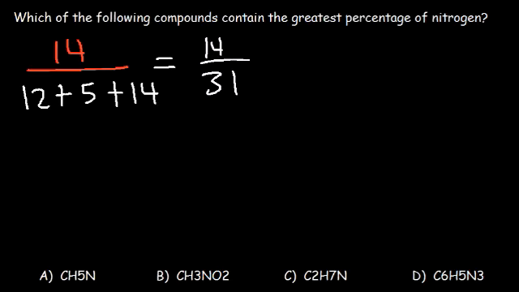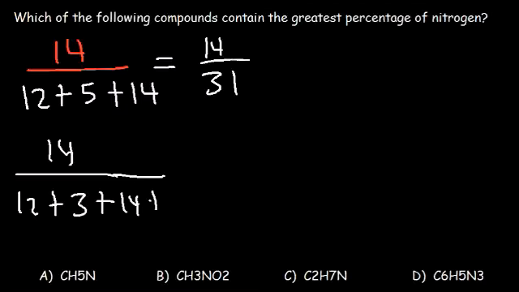Now looking at answer choice B, we only have one nitrogen atom. We have a carbon, which has a mass of 12, 3 hydrogen atoms, so that's 3, plus nitrogen. And oxygen has a mass of 16, but there's 2 of them, so that's going to be 32. Now, 12 plus 3 is 15. 15 plus 14, that's 29.